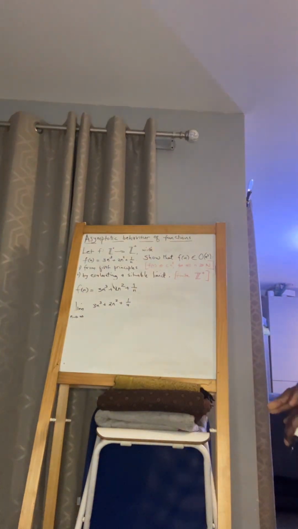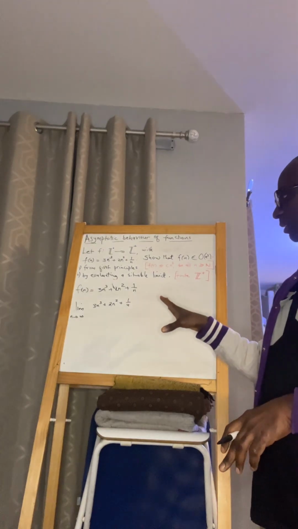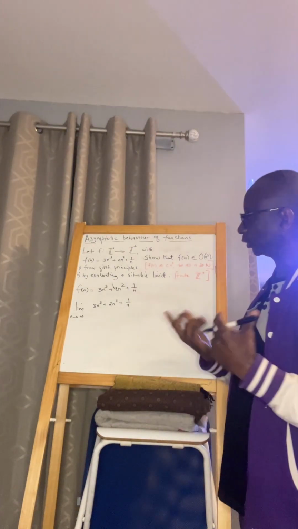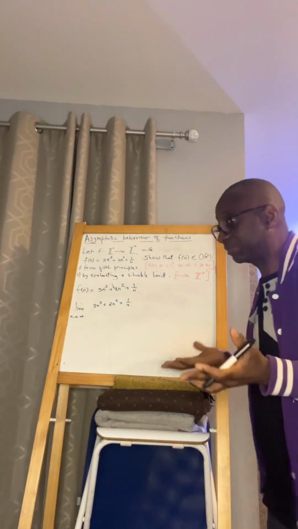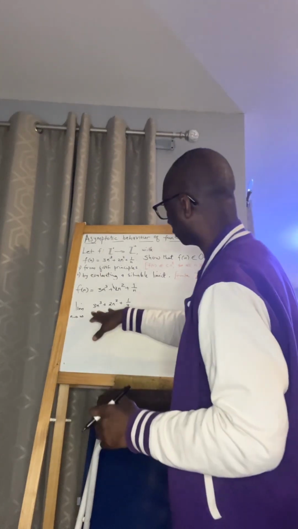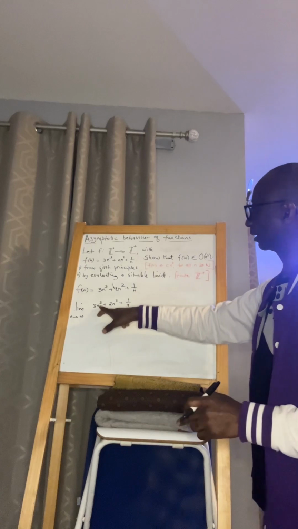So what do we do here? There are so many methods to apply when you are doing limits. But sometimes you look at the problem, then you choose a suitable limit method you can use to solve the problem quickly. So here, we can say we divide everything here by n cubed.